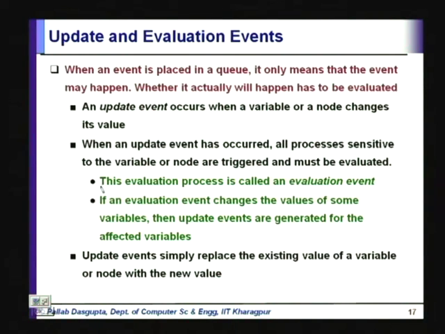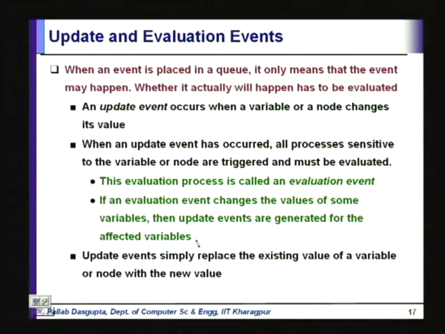This is called an evaluation event. It evaluates the logic of that gate and sees whether any changes are going to take place or not. If an evaluation event changes the values of some variables, then update events are generated for the affected variables.